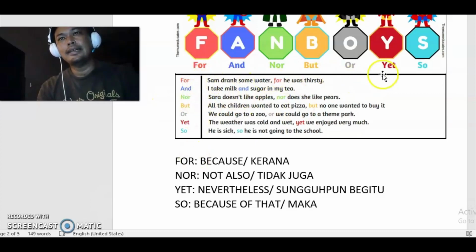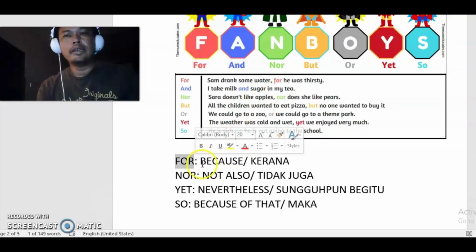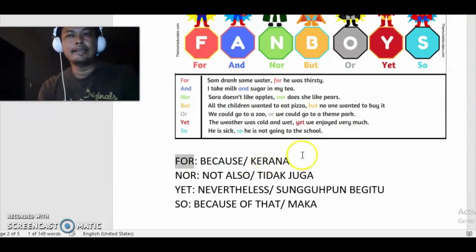These are examples. Sam drank some water, for he was thirsty. So for here is not for you or for me. That is a preposition. For here has a similar meaning to because, or in Bahasa it's called kerana.